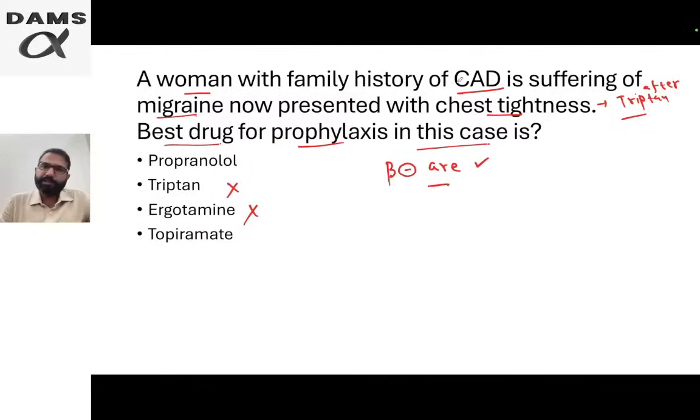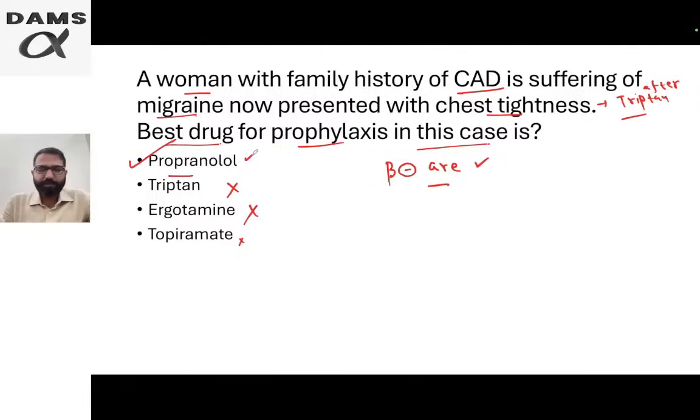If the patient has a family history of CAD, then also for prophylaxis the best drug will be a beta blocker. Even beta blockers decrease the risk of CAD. Definitely if propranolol and metoprolol are both in the choices, then the answer will be metoprolol. But out of these the best answer will be propranolol, not topiramate, because topiramate does not have any specific role in CAD patients. The benefit of propranolol is that it can decrease the risk of CAD. So beta blockers are the best option in this case.